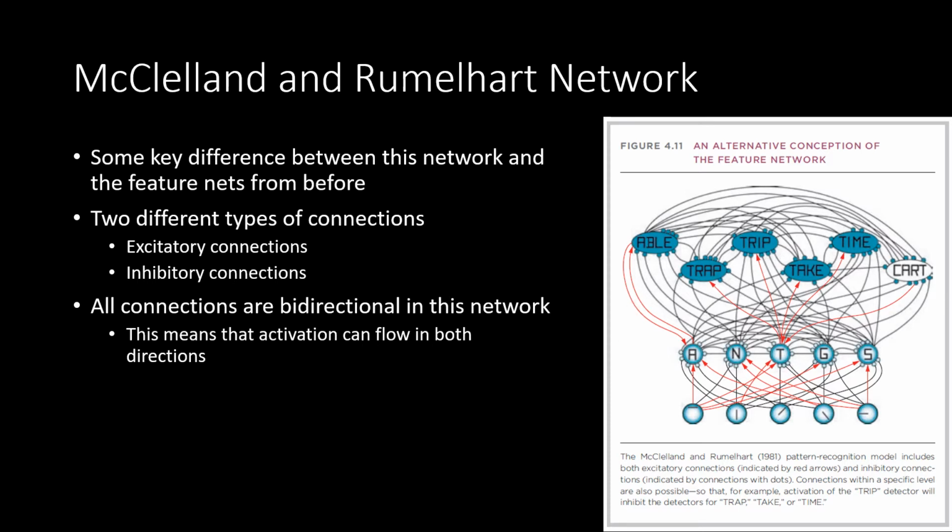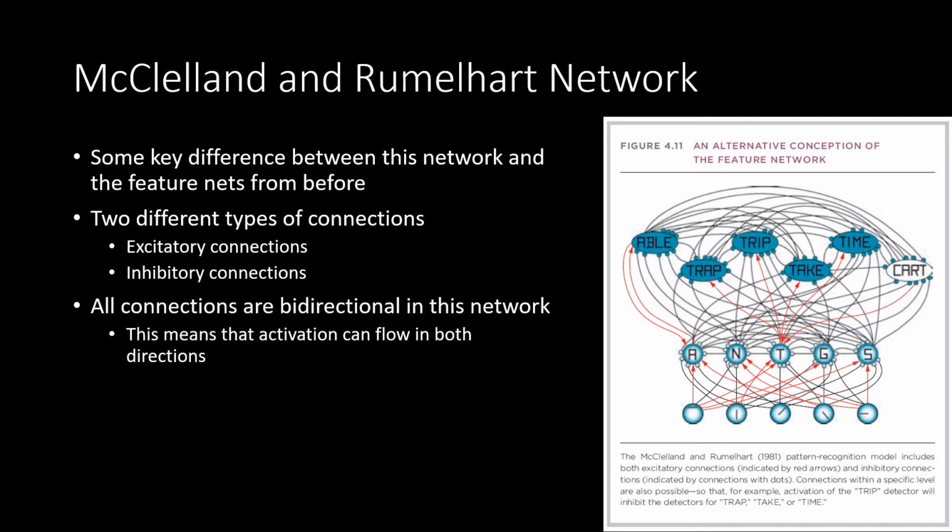Now, there are a couple key differences between this network and the feature nets that we've been talking about. The first is there are two different types of connections in this network. The first are excitatory connections. These are represented in red on this diagram. If you're unable to see the red, they are the lines that have arrows at the ends of them.